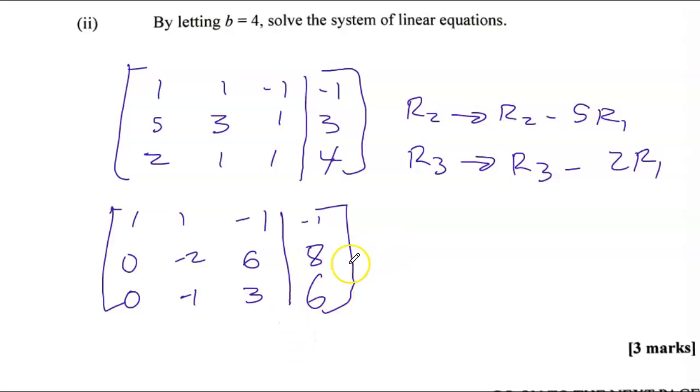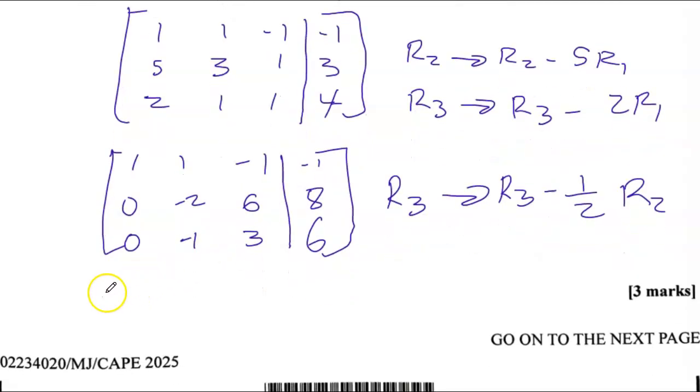Right, let's continue now. Let's attempt to change row 3 now. So row 3 will now become row 3 minus half of row 2. So just troubling row 3 this time. Row 1 and 2 will remain as they are.